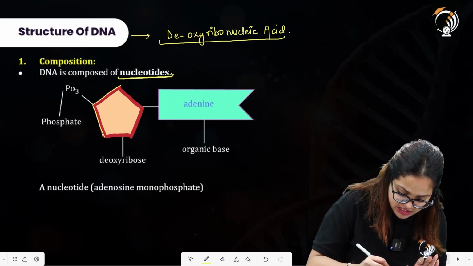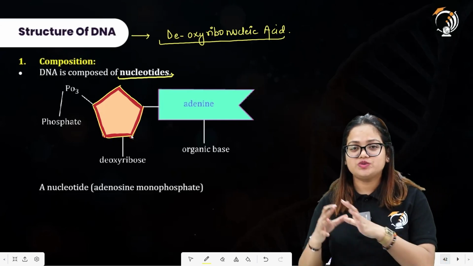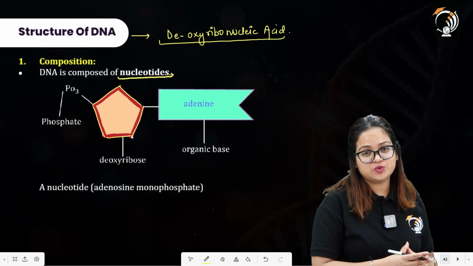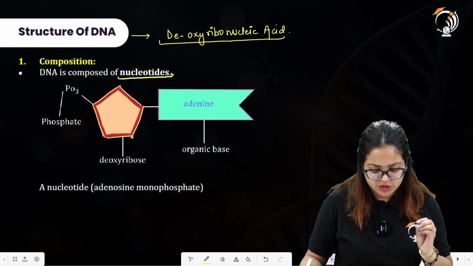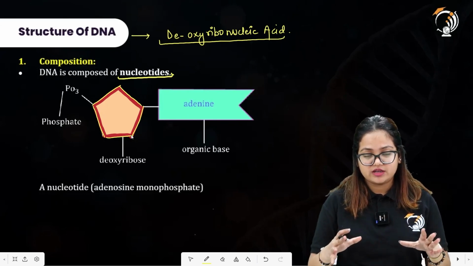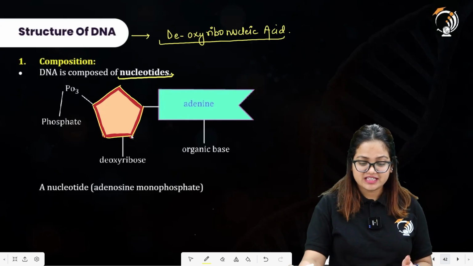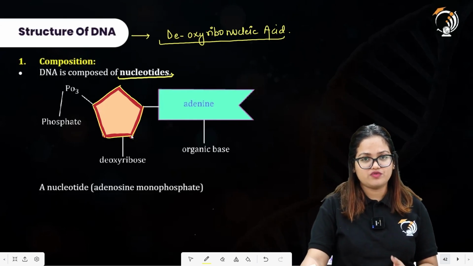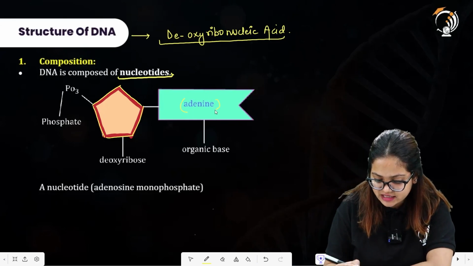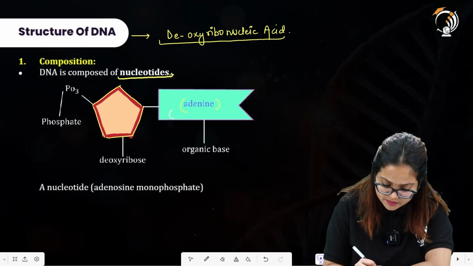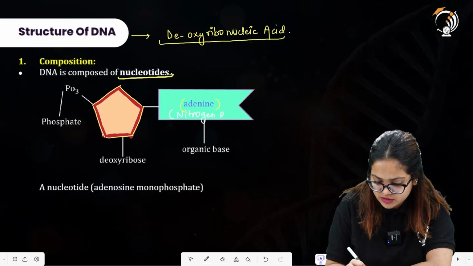This is the ribose sugar here. It is linked to a nitrogenous base. It is linked to the phosphate group of the phosphoric acid. So this whole diagrammatic representation represents a nucleotide, in which there is representation of adenosine monophosphate. We have the adenine, that is the nitrogen base over here.